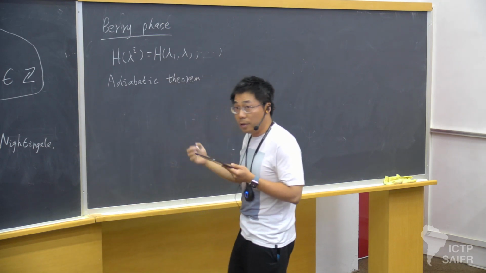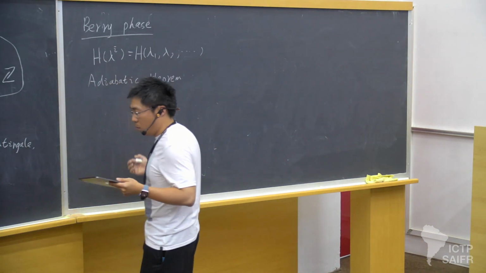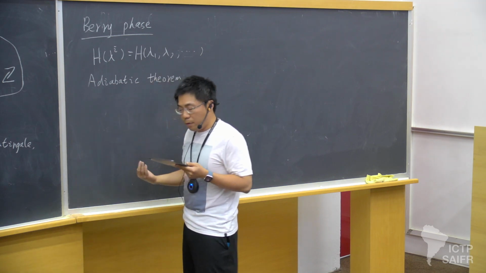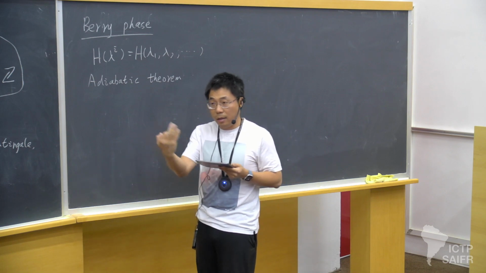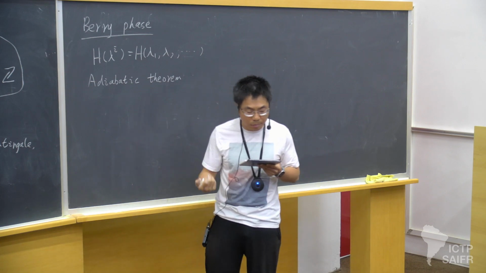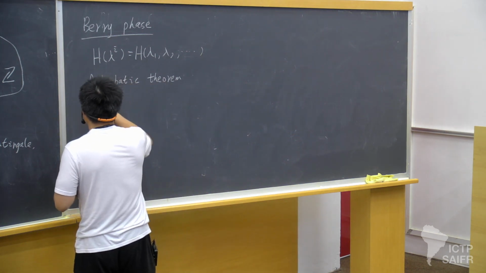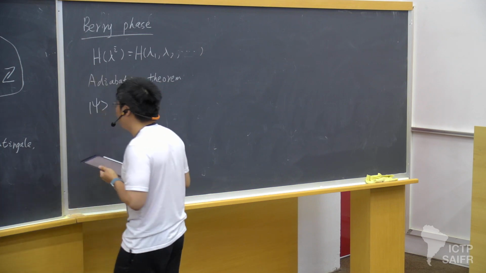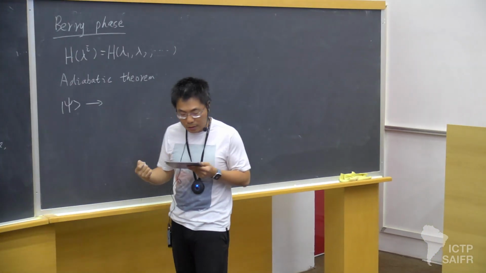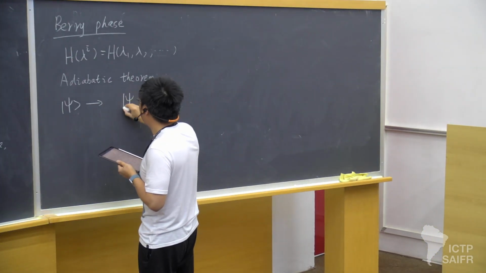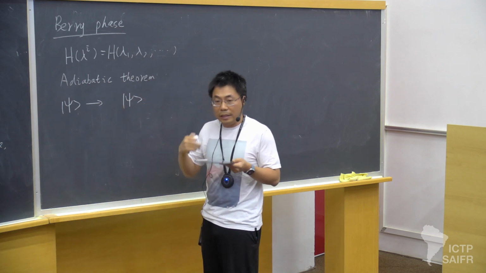I'm considering this situation, and then let's say we consider an evolution such that my parameters lambda i form a closed path in the parameter space. That means after this evolution, my wave function goes back to itself, because I end up with exactly the same Hamiltonian.